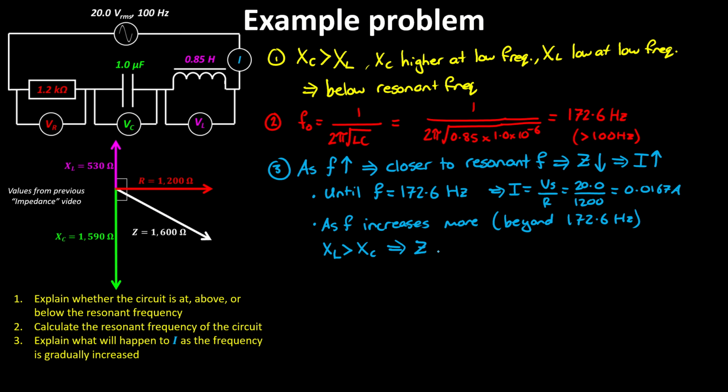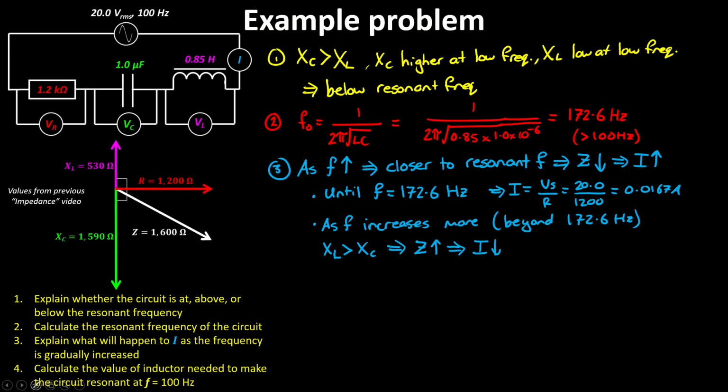So the impedance will now be increasing again, and the current will decrease again, okay? So initially the current will increase until we reach resonance, and if you go beyond resonance, the current will decrease again.